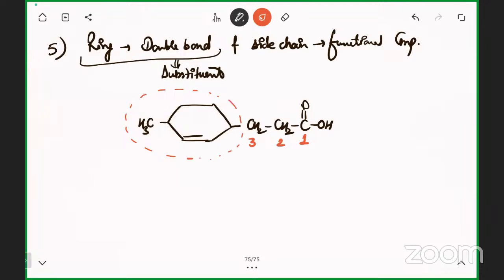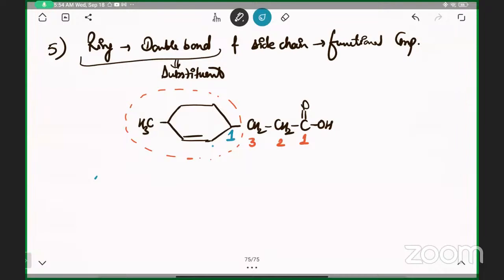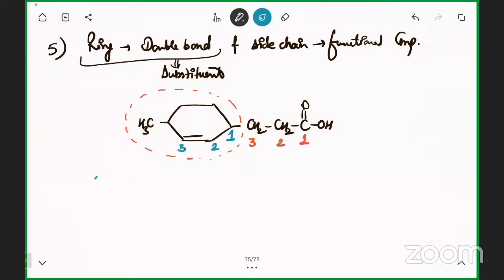So this is the main chain of 3 carbon. Now you will do the separate naming of this side chain. So how will you do it? It will be 1, 2, 3, and then 4. On the main chain, this particular substituent is added on the third position.